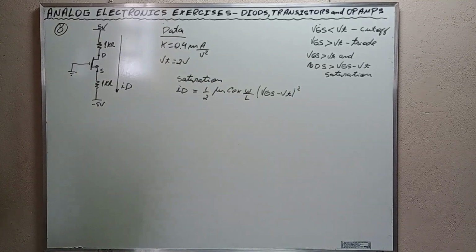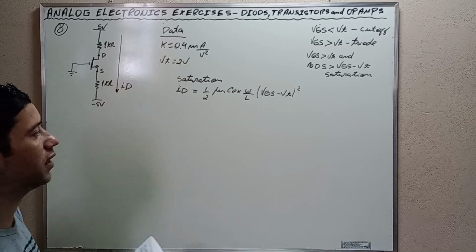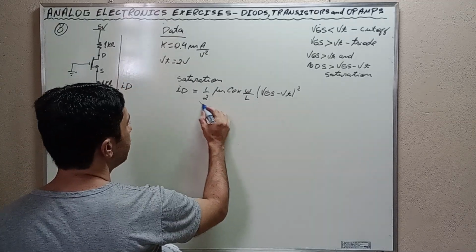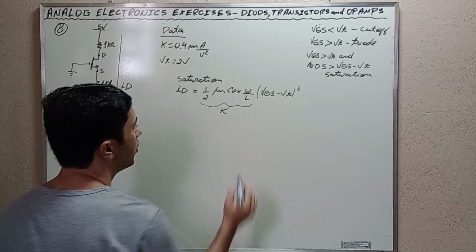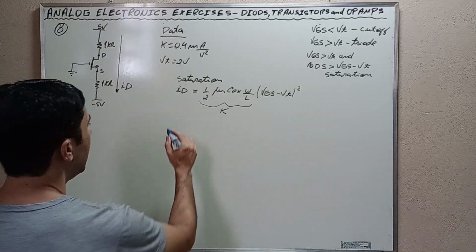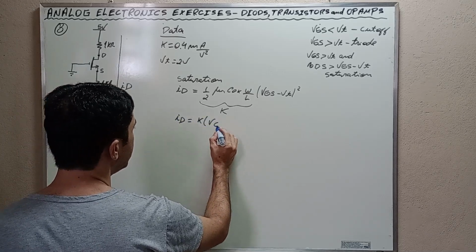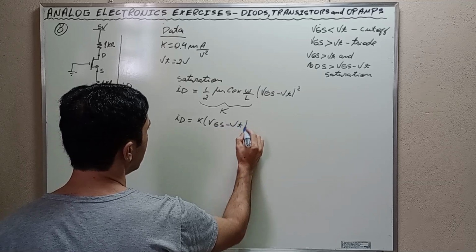This is the expression for the drain current when the device is in saturation. The exercise wants us to use K, and K is going to replace all this. And then the expression becomes ID is equal to K times VGS minus VT squared.